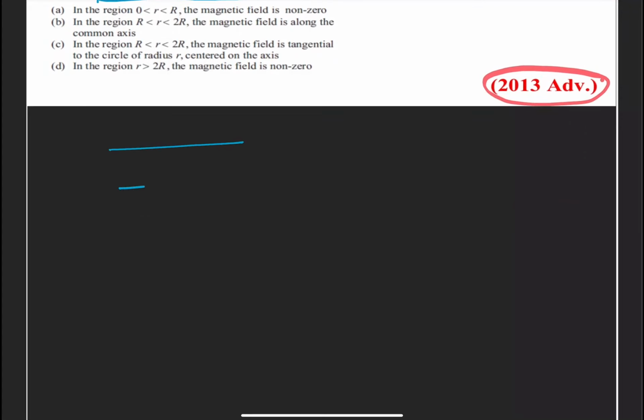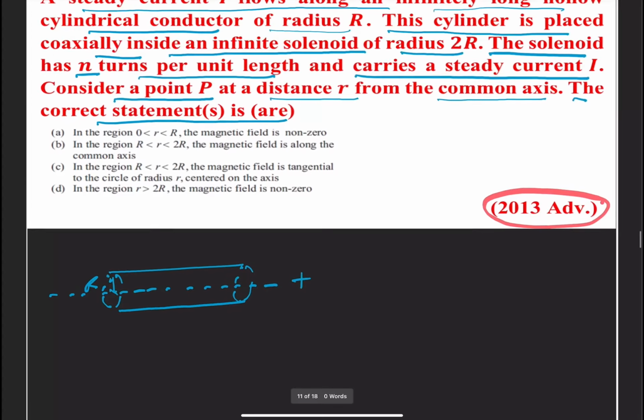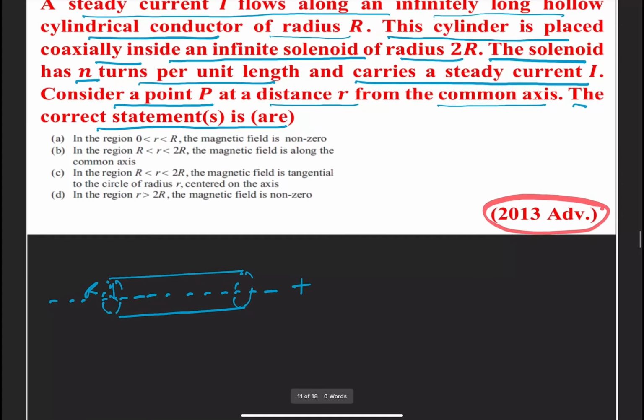So let us suppose this is our infinite hollow cylinder, and its radius is given as r, and this is placed inside a solenoid whose radius is 2r.